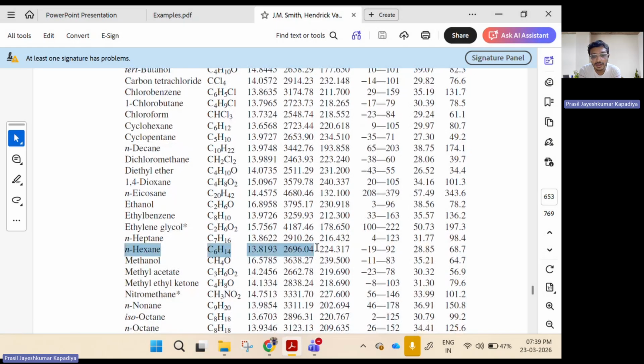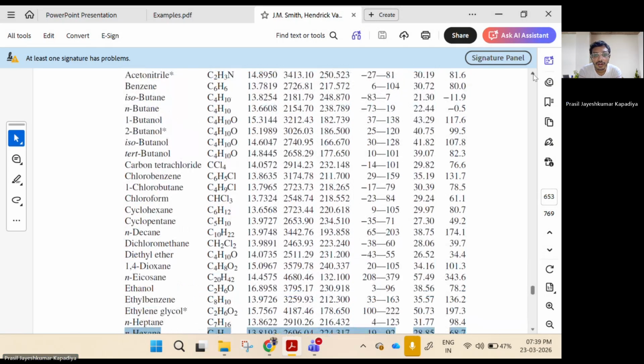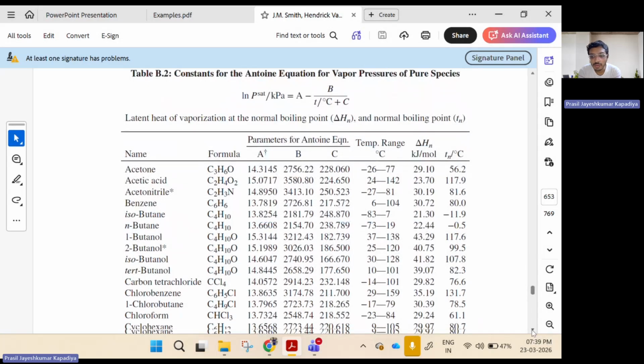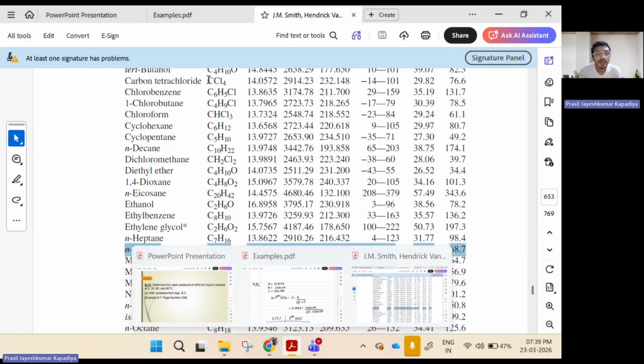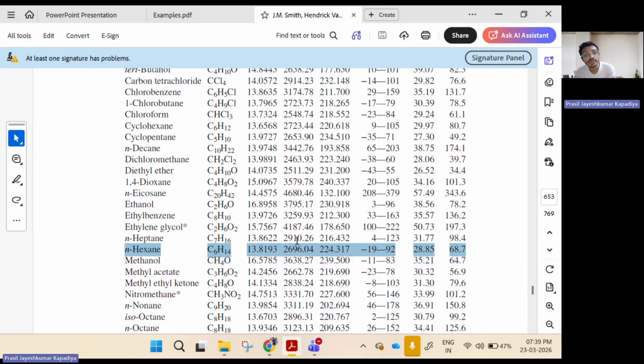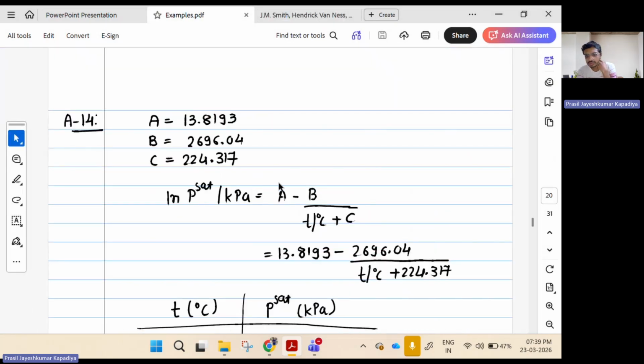Here, this is n-hexane. For n-hexane, these are the ABC parameters: A is 13.8193, B is 2696.04, and C is 224.317. And ln P sat is equal to A minus B divided by T plus C, so A is 13.8193 minus B, that is 2696.04, divided by temperature in degrees Celsius plus C, that is 224.317.